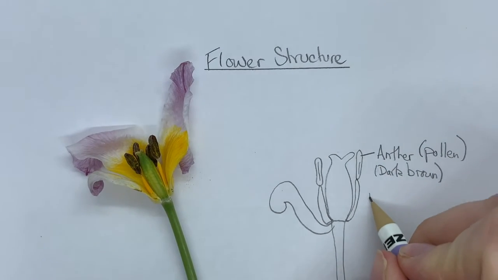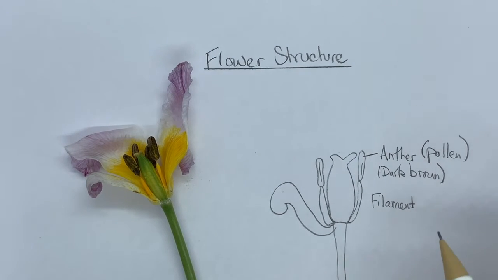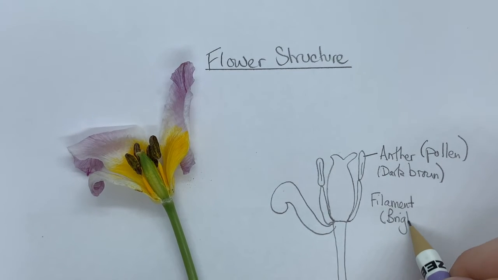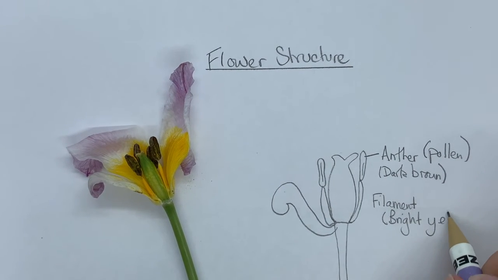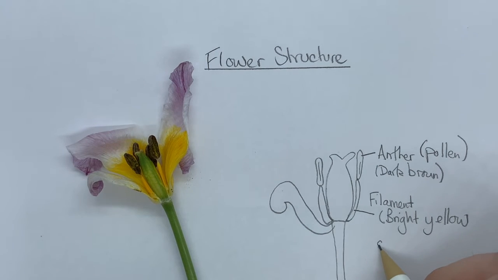Then that is attached to the filament. That's what holds it up. And in this case, that is a bright yellow, very distinctive. So those 2 parts together make up the male part of the flower. Together, they are called the stamen.